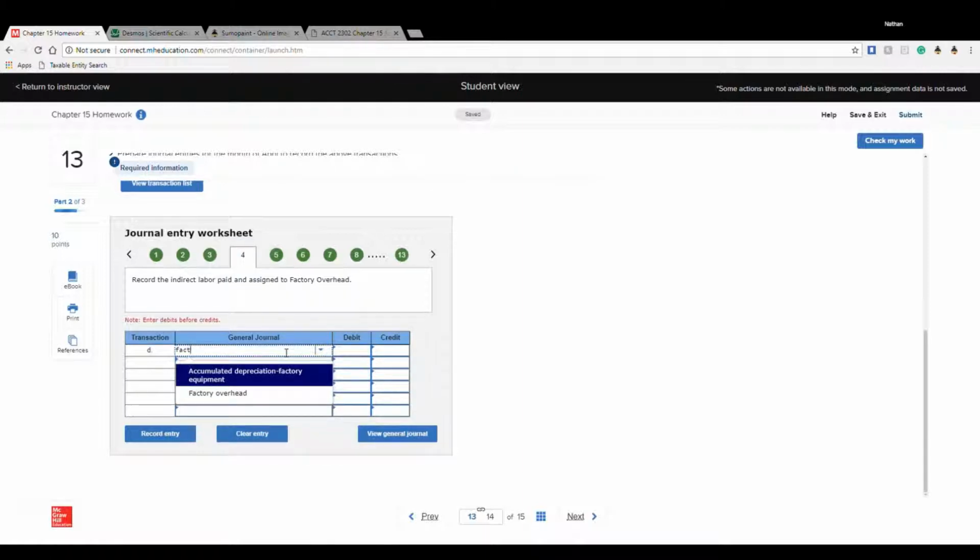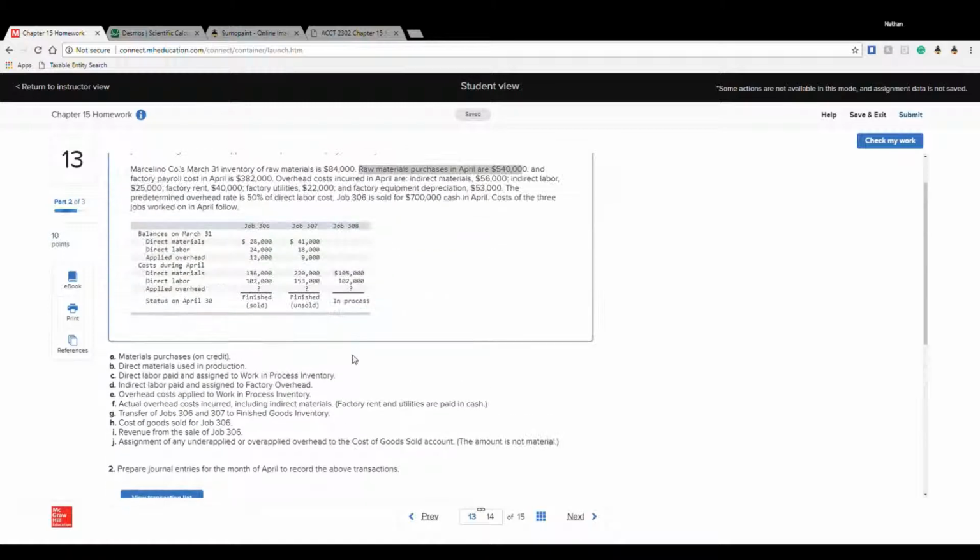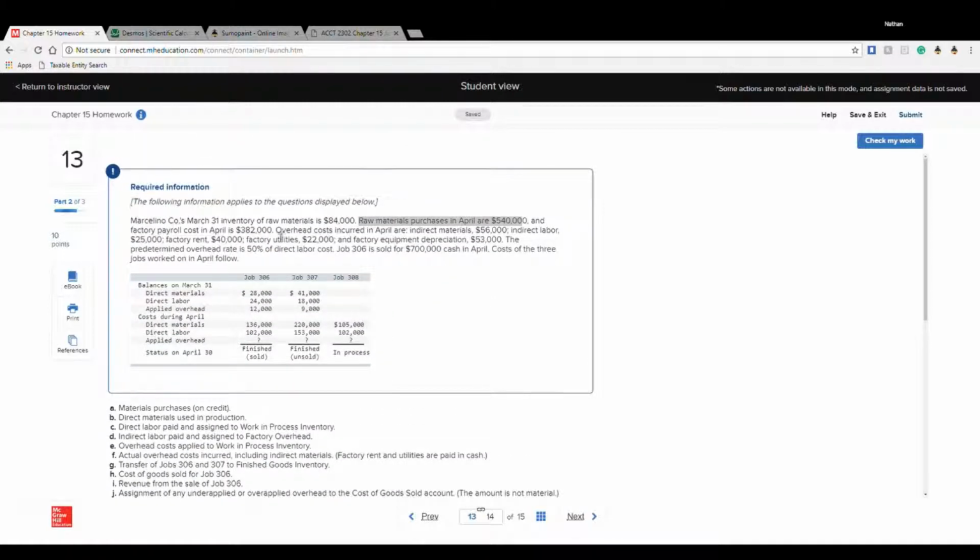Here, this is indirect. So when it's indirect, everything goes to the factory overhead. And since we already know we've paid this, it is cash. And we can just look up here, because all of our costs are right here. Now, of course, we're going to have to do a journal entry for each one of these.